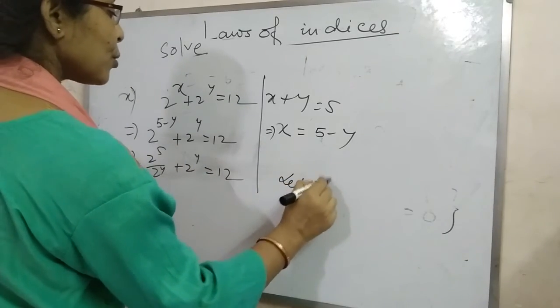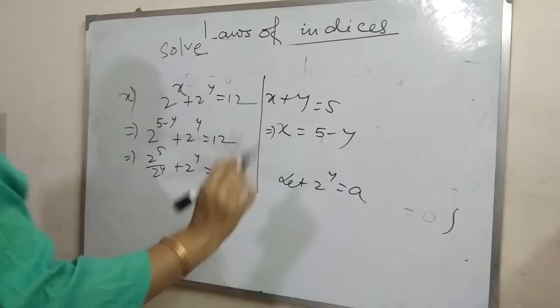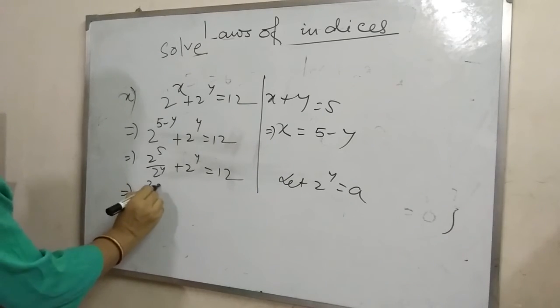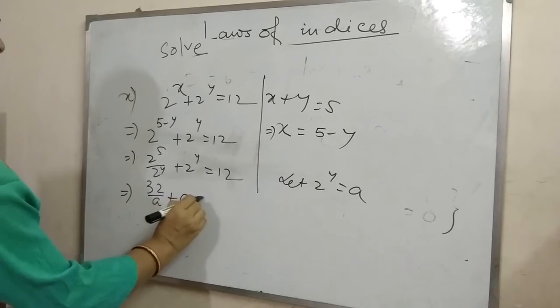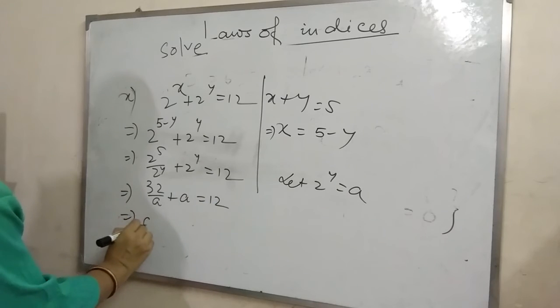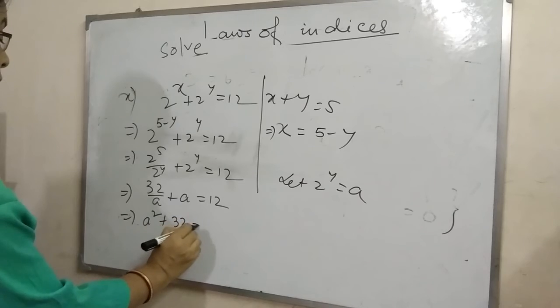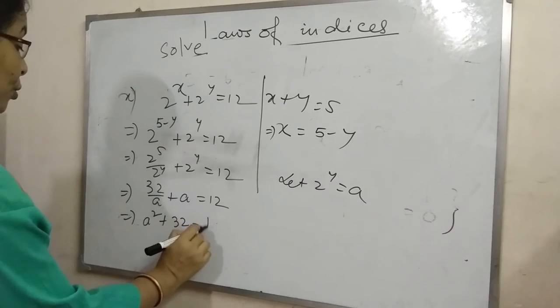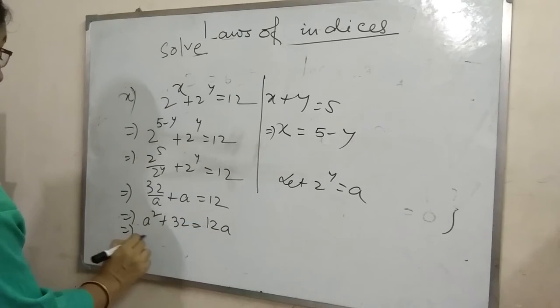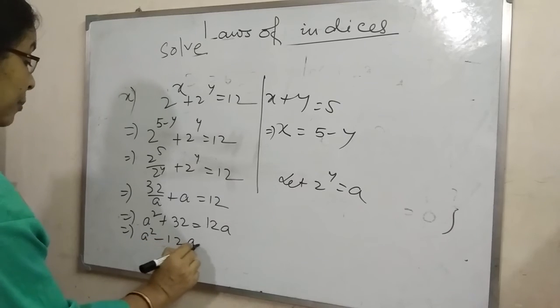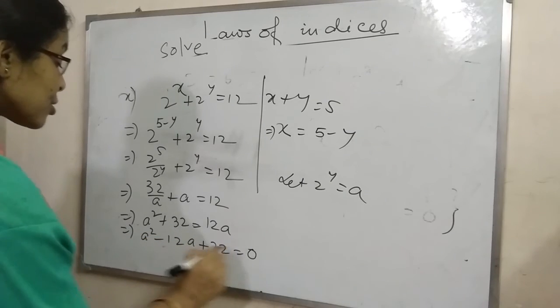Let 2 to the power y equal to a. So 32 by a plus a equal to 12. This is a square plus 32 equal to 12a. That is a square minus 12a plus 32 equal to 0.